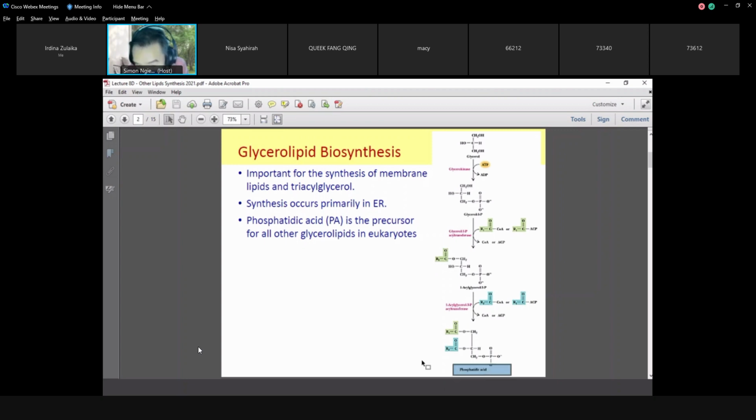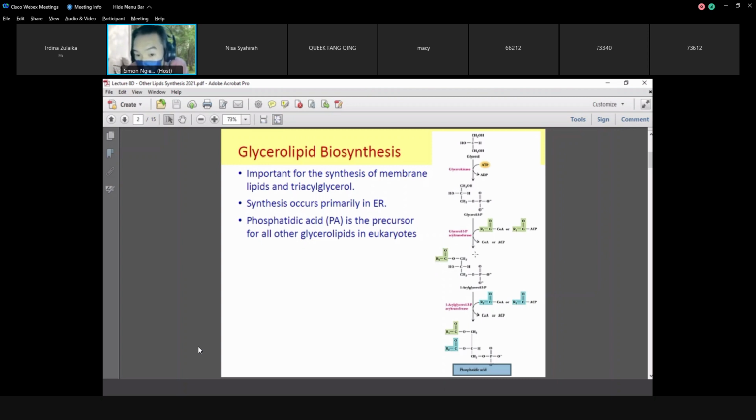As you can see, like all synthesis processes, you need to invest energy. ATP is being used, basically causing phosphorylation of this glycerol here, forming glycerol 3-phosphate.